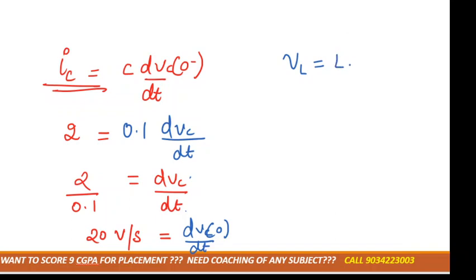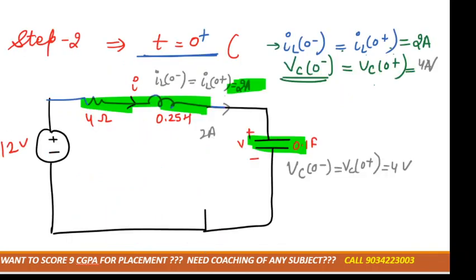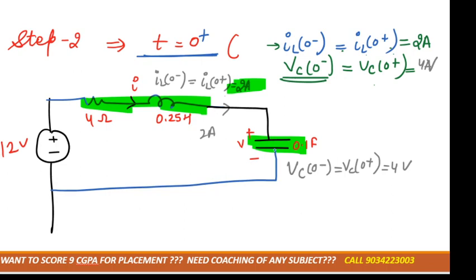It's L di by dt, right? So can we apply KVL here? The total voltage must be equal to VR plus VL plus VC, right? Can we write down this statement?